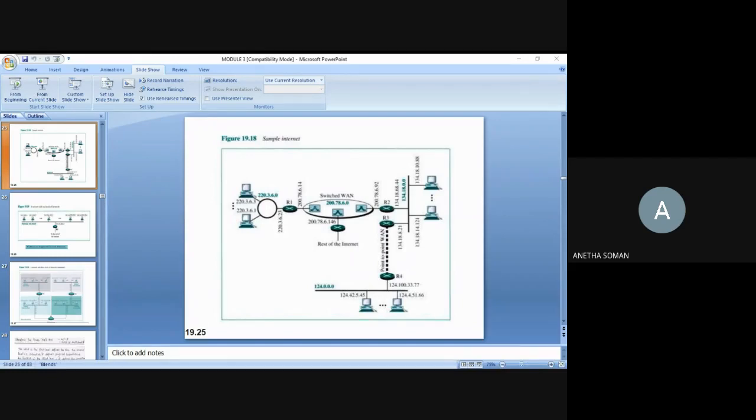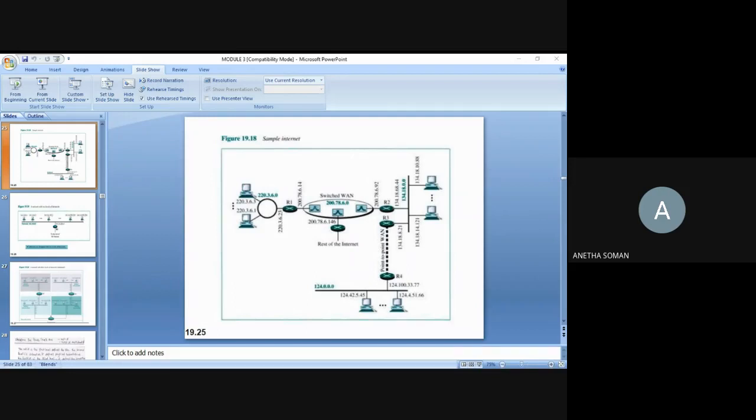Okay, then net ID. You will have the network ID as well as the host ID. So the net ID you will keep as it is depending upon the class, and the host ID you have to make almost all zeros.